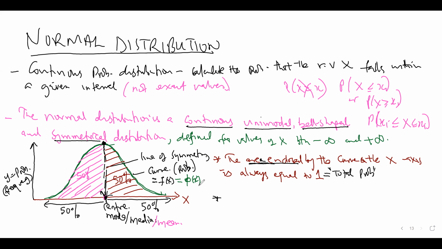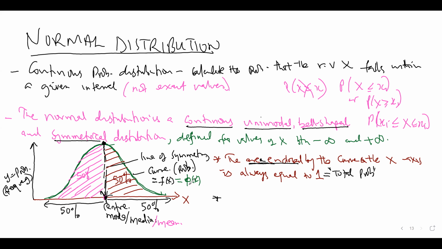But in the context of probabilities, we prefer to replace the f from the Latin alphabet with an f from the Greek alphabet. So these two are just the same thing. This is just f of x, but now we call it phi of x in this case.